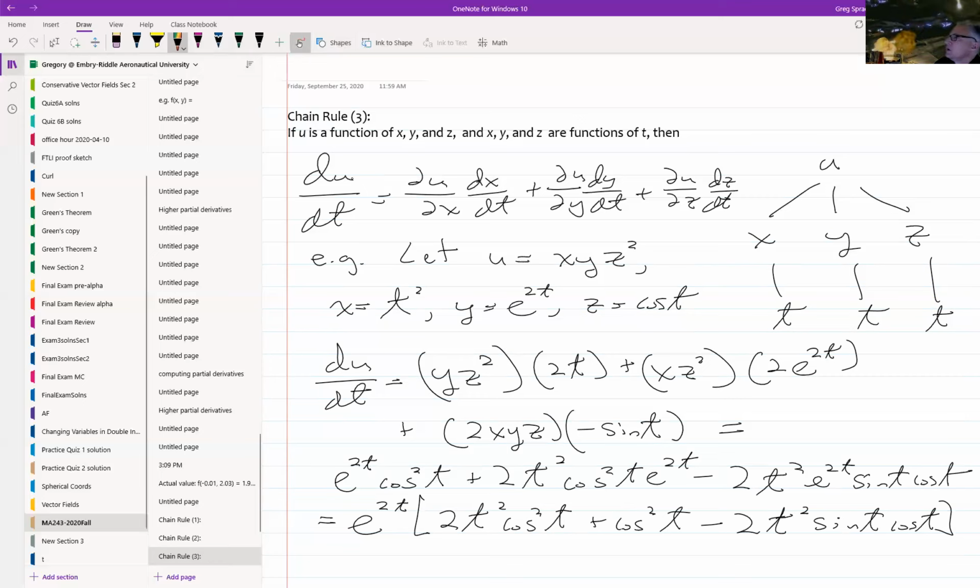No, that's right. You could factor out a cosine t if you really wanted to, but it's not a big deal. That's the final answer.